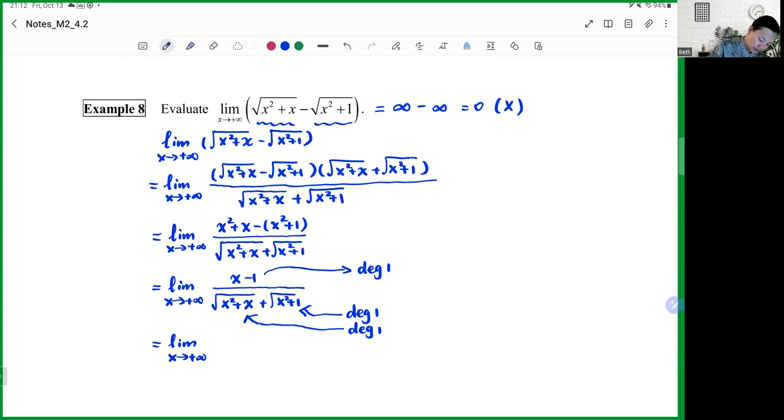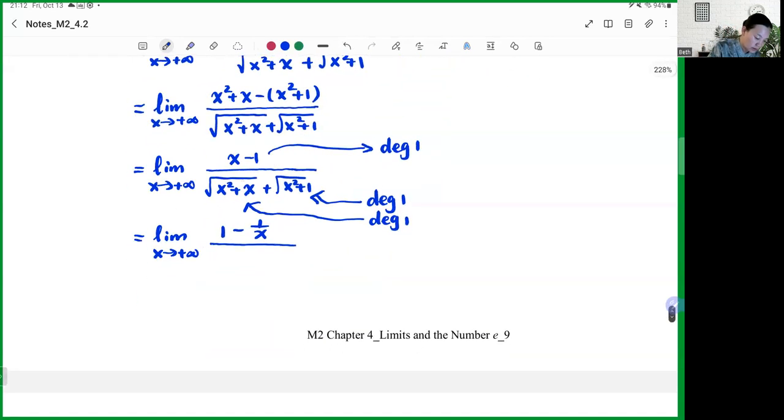Now, when I divide x, I will get 1 over x. And when I divide x, in this one, I'm actually dividing, let me write more steps, I'm actually dividing root x squared. Also, for the second term, I'm dividing root x squared.